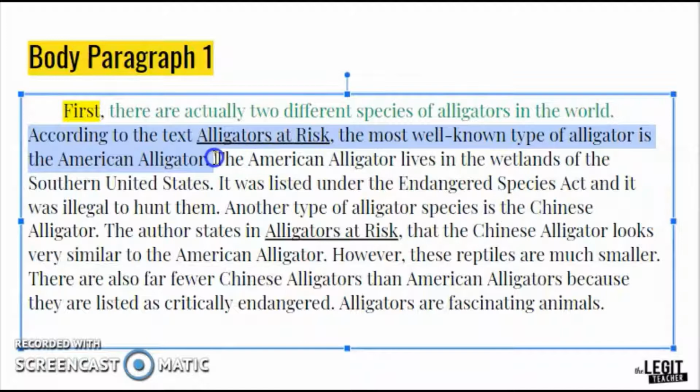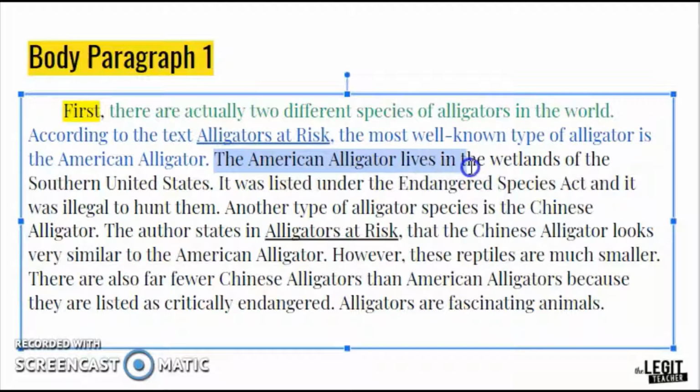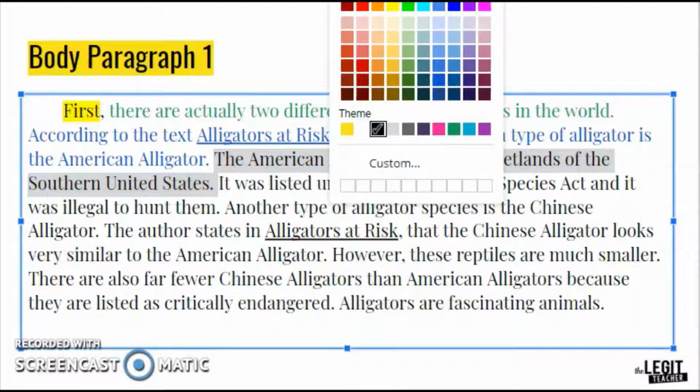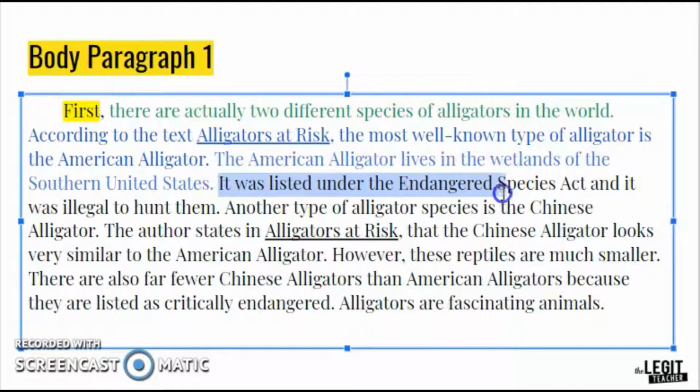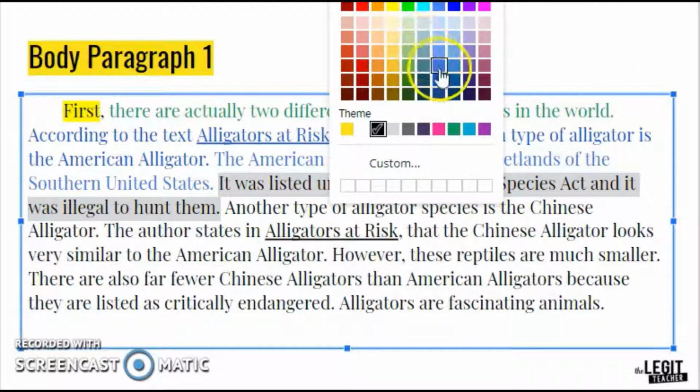That's 1 sentence about A. I will color code it blue. My next sentence about A, the American alligator lives in the wetlands of the southern United States. That's my second sentence about A. My next sentence says it was listed under the Endangered Species Act and it was illegal to hunt them. That's my third sentence about A.